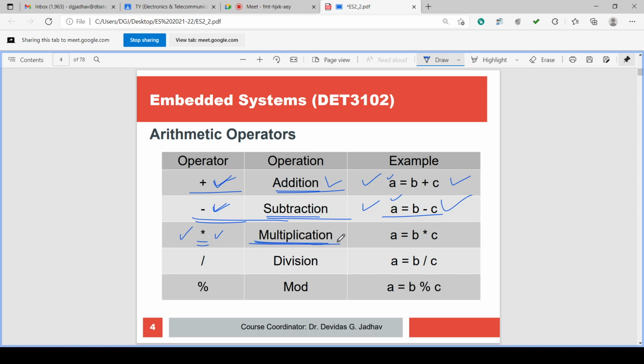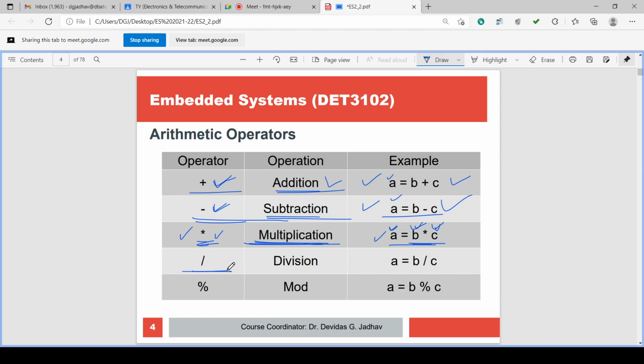A is equal to B star C, B into C, B asterisk C. Here A is a variable, B and C are variables or constants, but A must be a variable because we are assigning the product, the multiplication output B into C, to A. We can write the example like this: A equal to B into C.